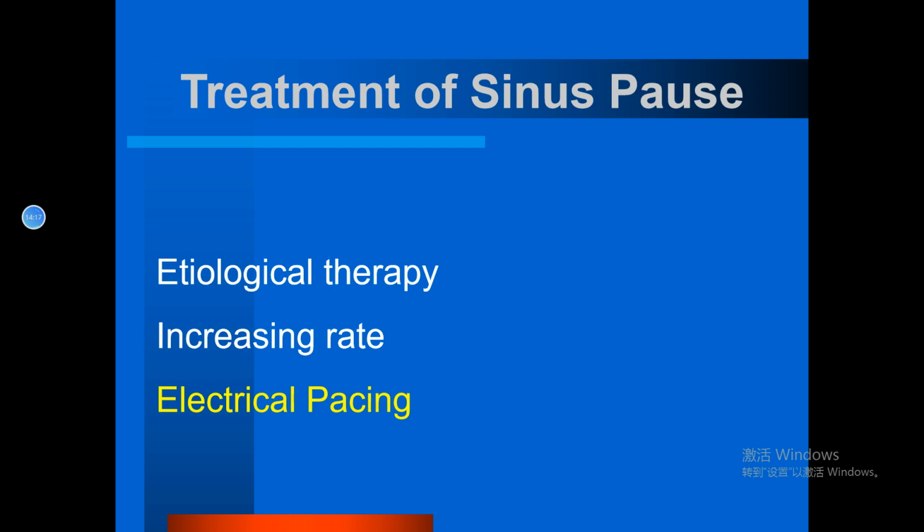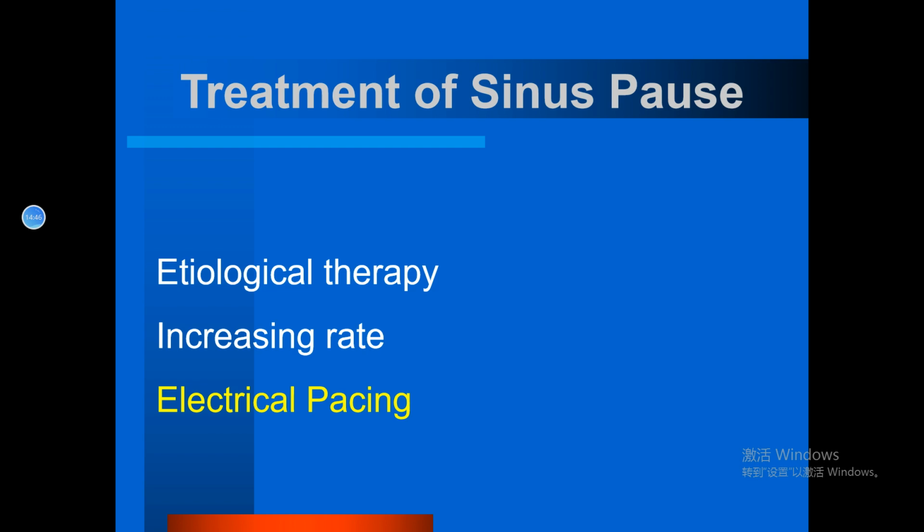Firstly, we should find the cause of the sinus pause. So etiological therapy is really important. If the patient has toxicity or acute myocardial infarction, we should treat the cause first, right? Otherwise, the drug therapy is not as effective as we expected.